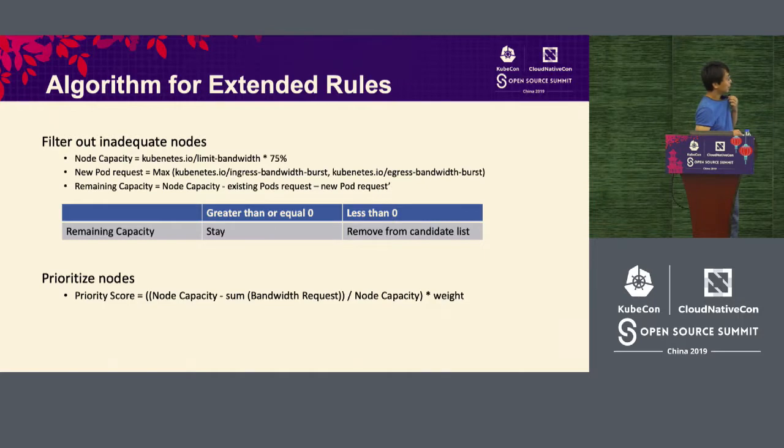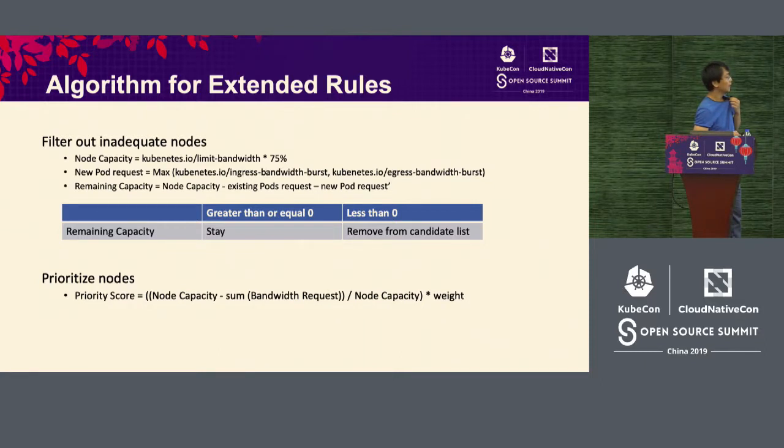This is the maximum value of the ingress bandwidth burst or the egress bandwidth burst. And for the rest of the capacity, we should use the total node capacity minus the existing pods' capacity, and then minus the new pod request. So you need to check the value. If it is smaller than 0, it means that we have insufficient resources, and then you need to remove this node from the candidate list.